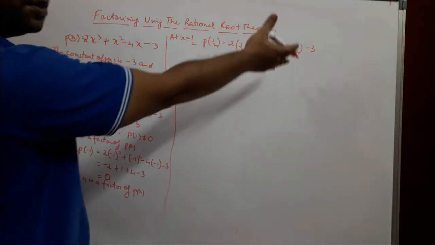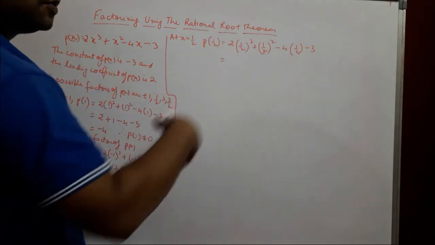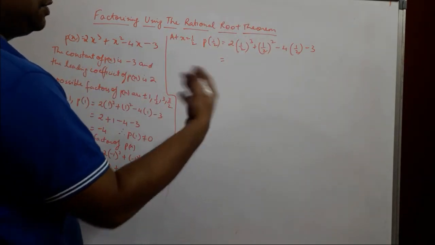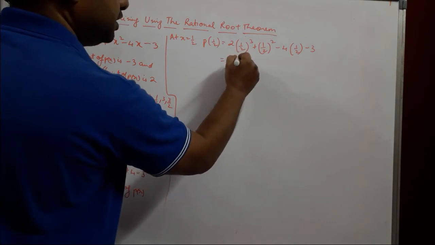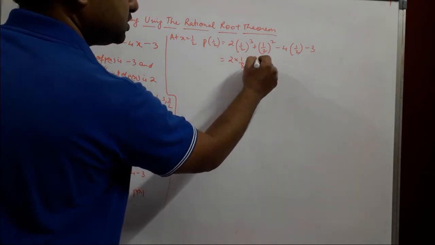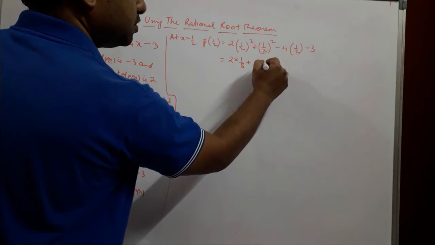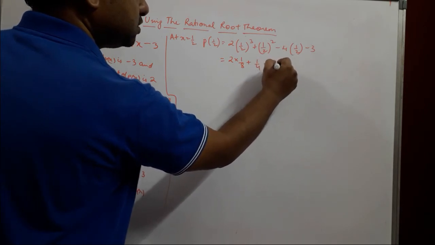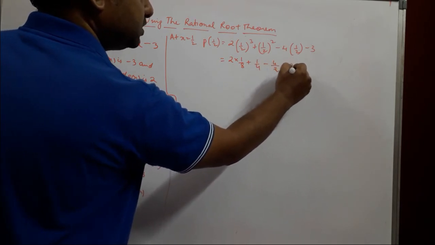Now first we'll open the brackets and then we'll look to do any multiplication or division. So 2 into 1 upon 8 plus 1 upon 4 minus 4 upon 2 minus 3.